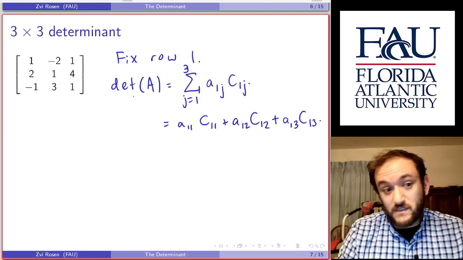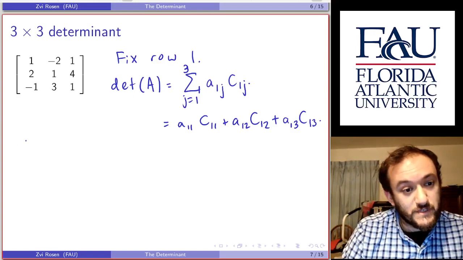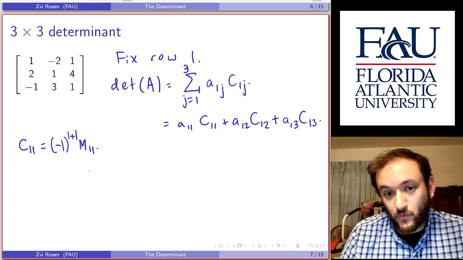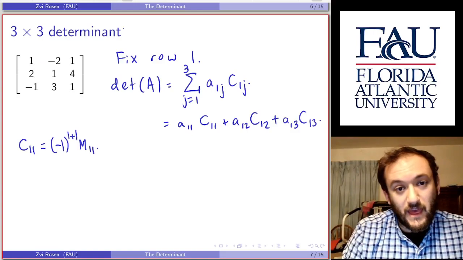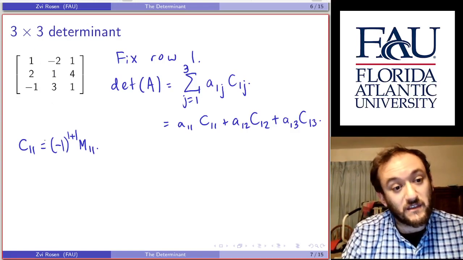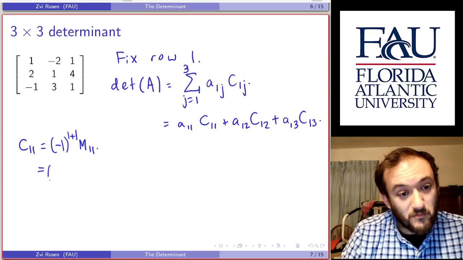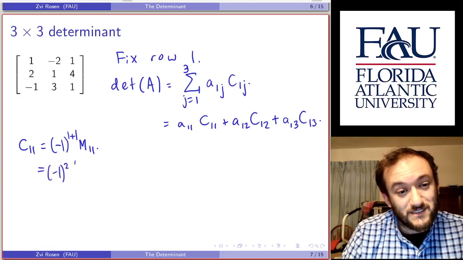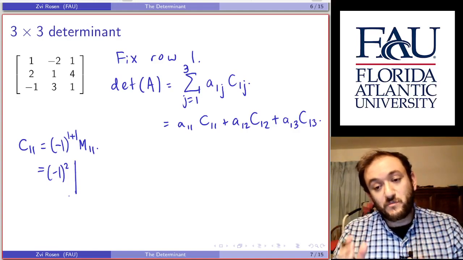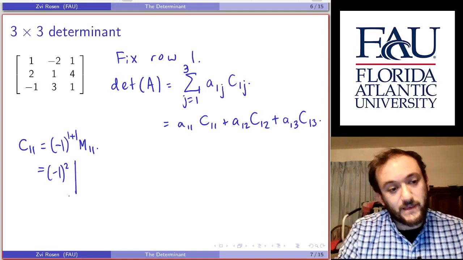So let's compute these cofactors. For C11, that's going to be equal to -1 to the 1 plus 1 times M11. M11, as we know, is the determinant of the matrix you get when you omit the first row and first column. So that's going to be -1 squared times, and I don't know if I mentioned this yet, but one notation for determinant is straight lines in place of brackets.